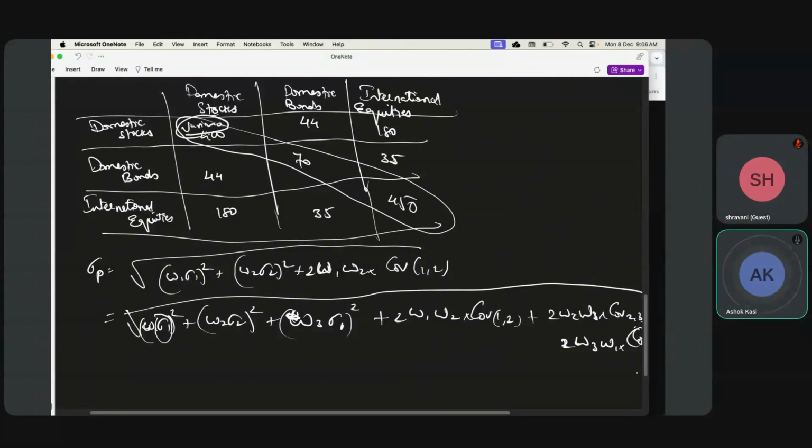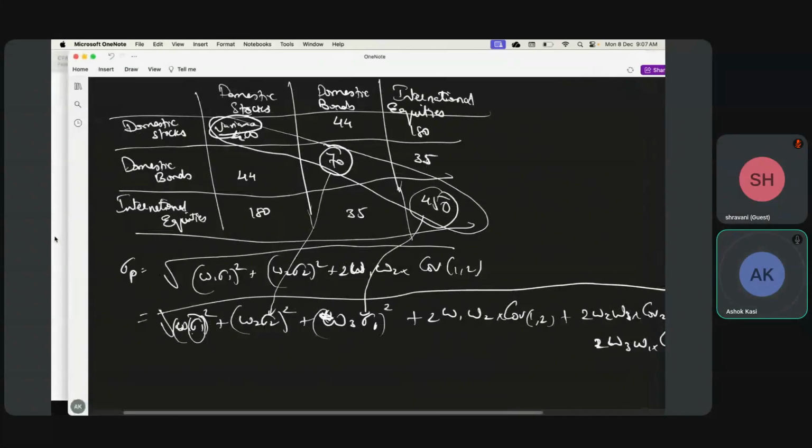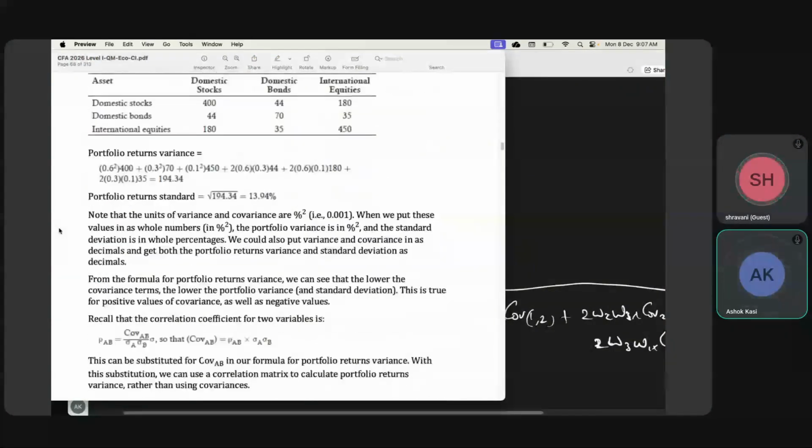If the variance is 400, the standard deviation will be 20. So you take the root of that number, 20, then the weight, and then square the whole thing. So you take the root of 30 here, the standard deviation, and the root of 450 here. Fine, okay. Then moving ahead.